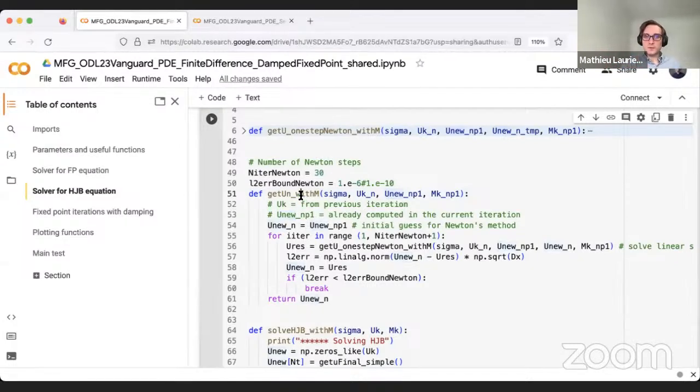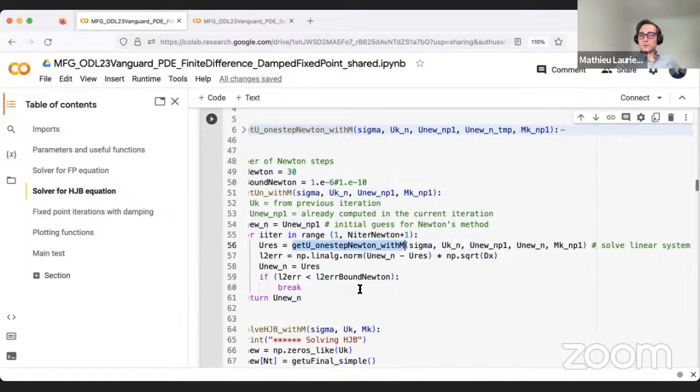So what do we see in this function? Get un with M. You give me M, and I want to find un. There is a loop for Newton method. Here I really implement a Newton method naively by hand, just to show how it works. You have some number of iterations, and at each iteration, you get the new u by applying one step of Newton method.